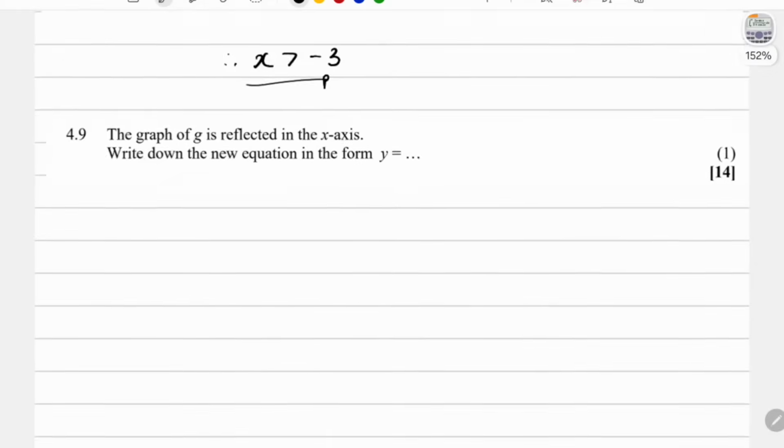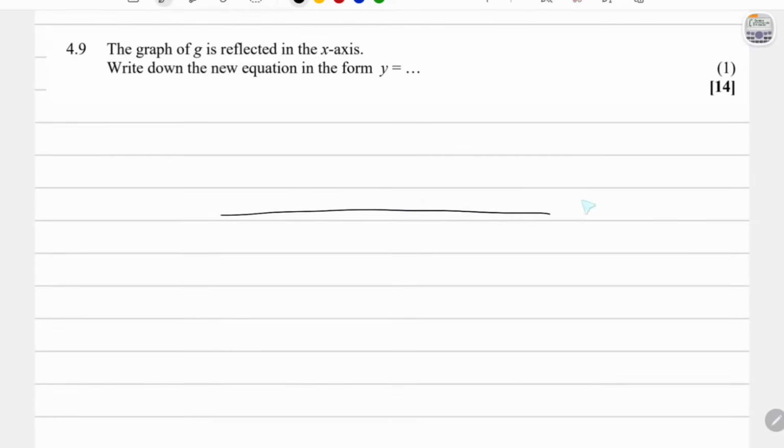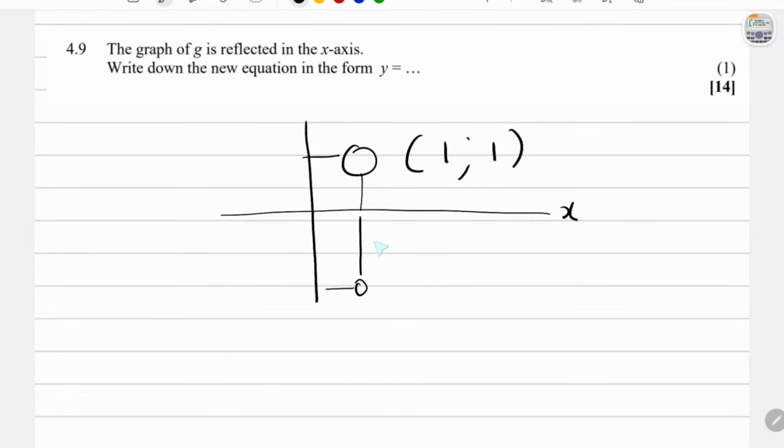So remember, if something is reflected in the x-axis, this is the x-axis, okay? If something gets reflected in the x-axis, just look at it like a point. Let's say this point was 1 and 1, right? If it gets reflected in the x-axis, so it now appears here, your x value stays exactly the same, but your y value would change.